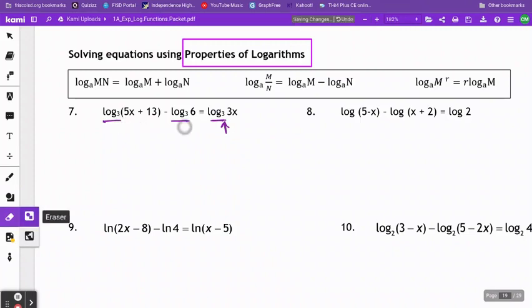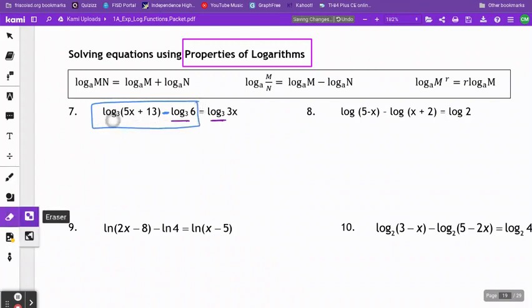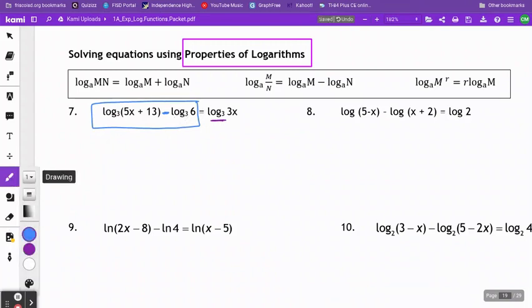Now let's focus on these logs here on the left side and see what I can do in order to condense them. There is subtraction in between these two logs. I'm just looking at these two over here on the left side for right now. I have these two logs that are separated by subtraction, and that falls under my quotient property.